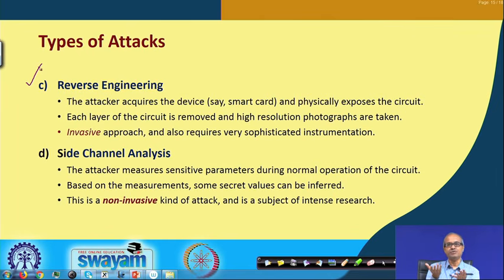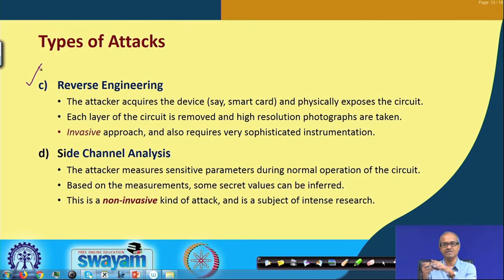So, once you do this, someone can replicate the fabrication process and can clone a chip. So, you can steal the design of a chip and you can make a duplicate, you can fabricate it yourself if you want.